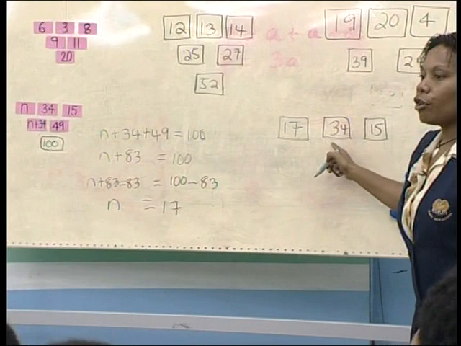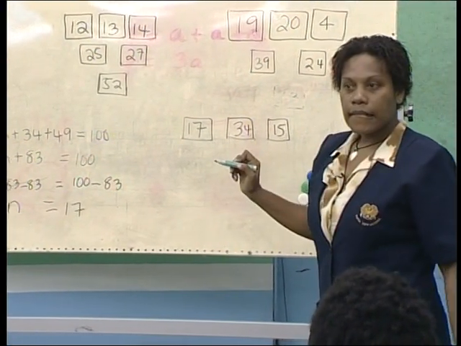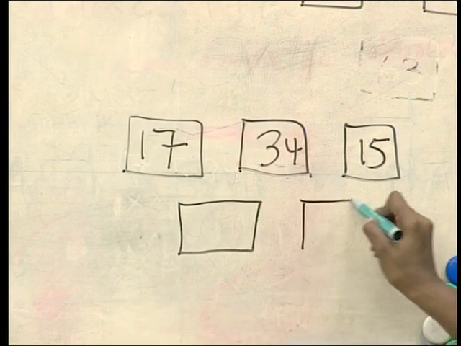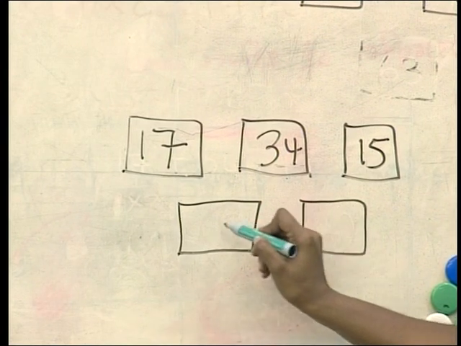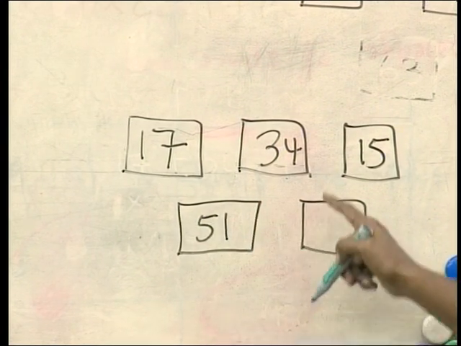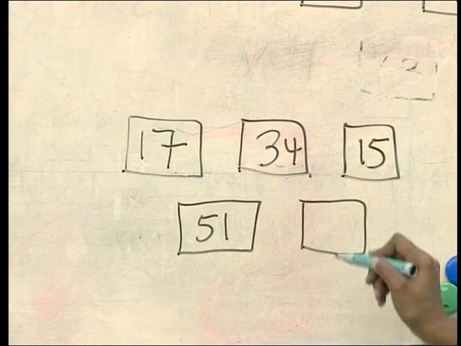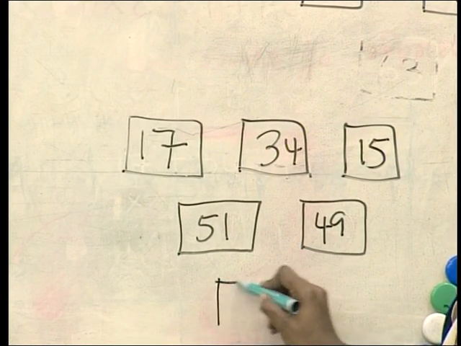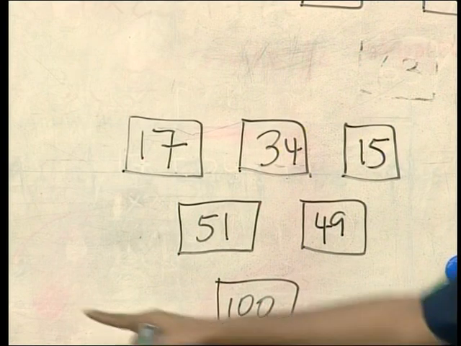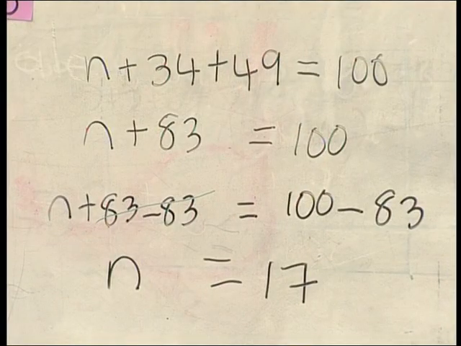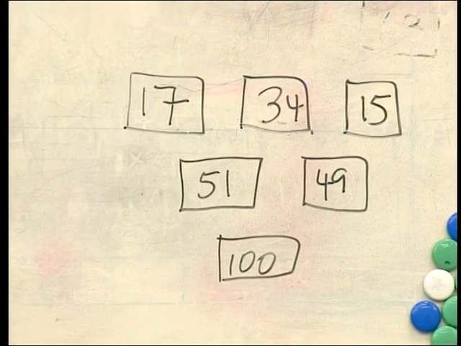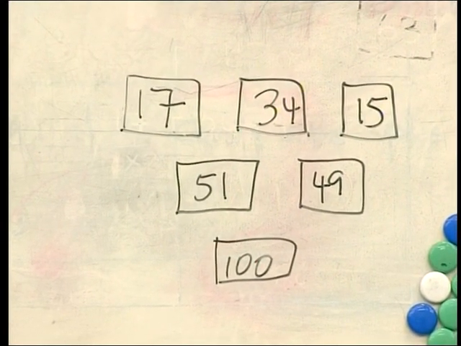So 17 plus 34? 51. Okay, let's try. What's 34 plus 15? 49. Okay, what's 51 plus 49? 100. So are we correct? Yes. So you just confirm to check. Anyway, so that's your learning activity with a letter, all right, using letters.